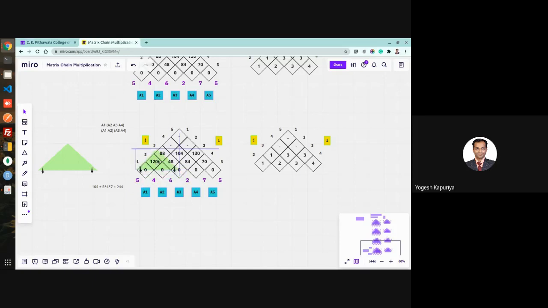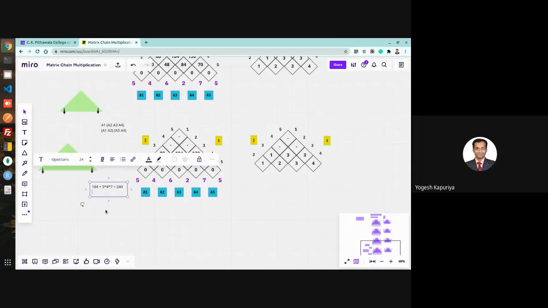So A1, A2 is 120 plus A3, A4 is 84 plus the multiplication cost. A1, A2 dimension is 5 cross 6, A3, A4 dimension is 6 cross 7.